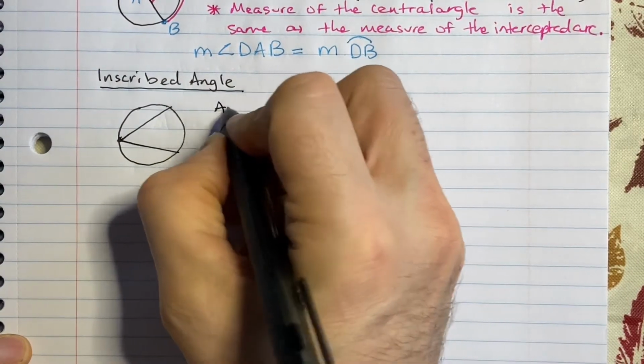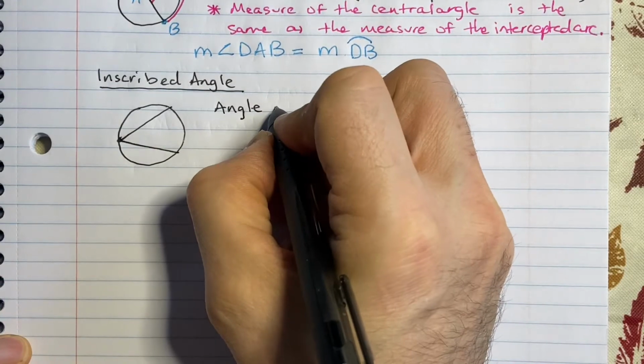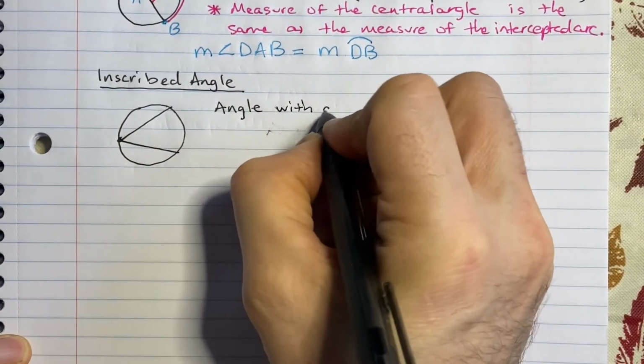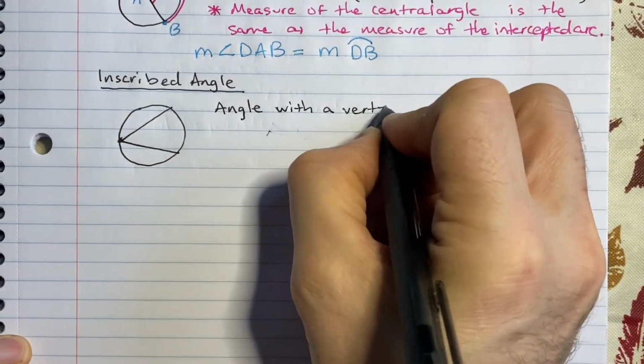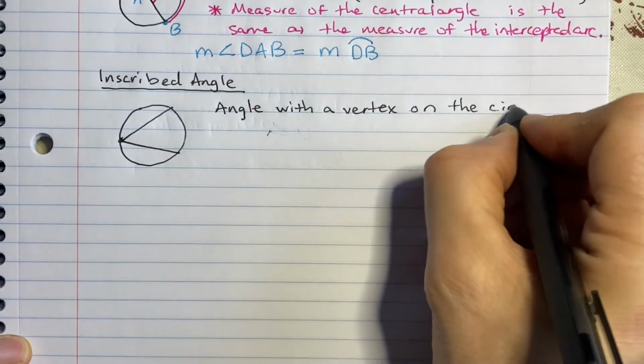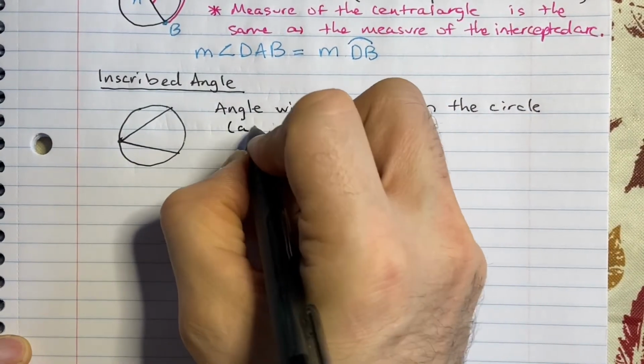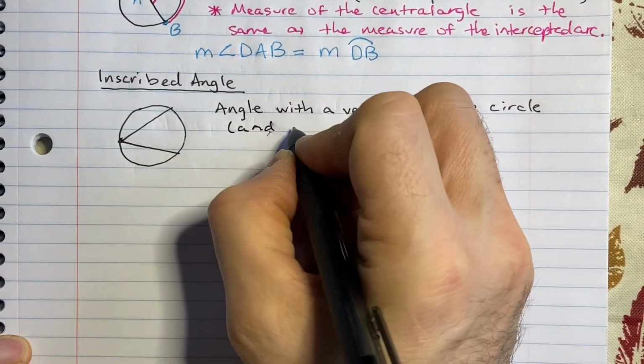So this is an angle with a vertex on the circle. And then we should probably also say, and it has endpoints also on the circle.